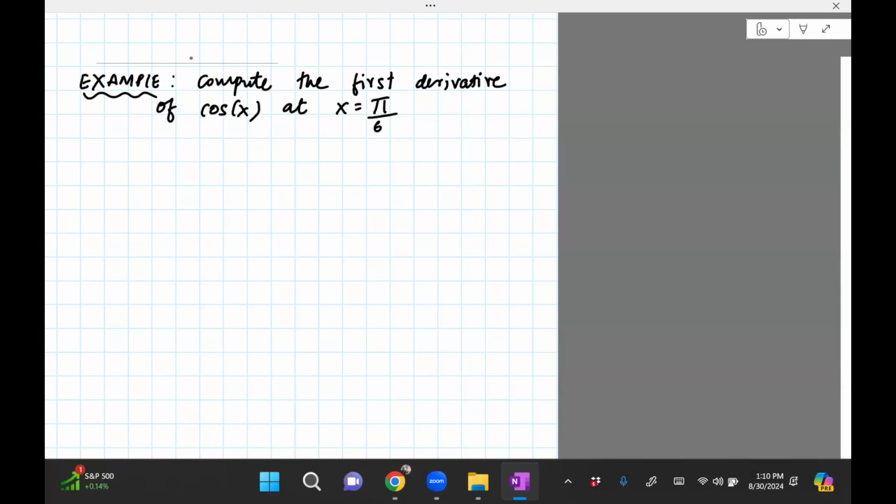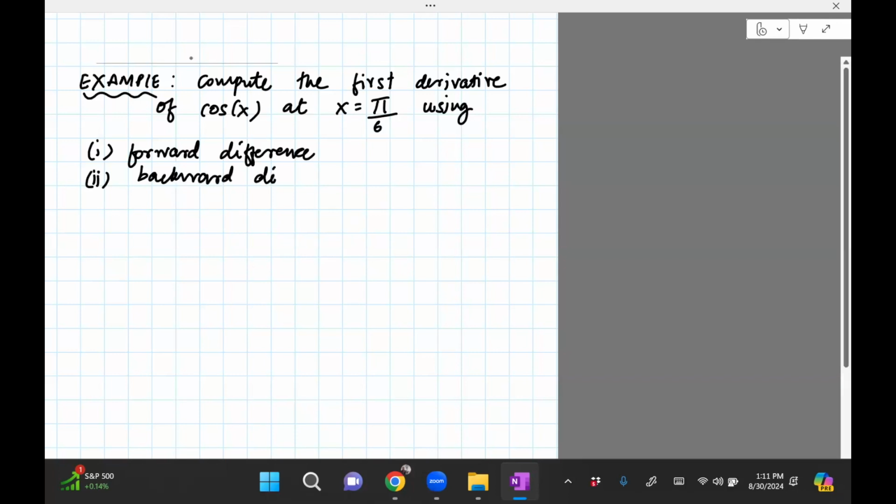Example: compute the first derivative of cosine x at x equals pi divided by 6, or 30 degrees, using 1, forward difference, 2, backward difference, 3, central difference.